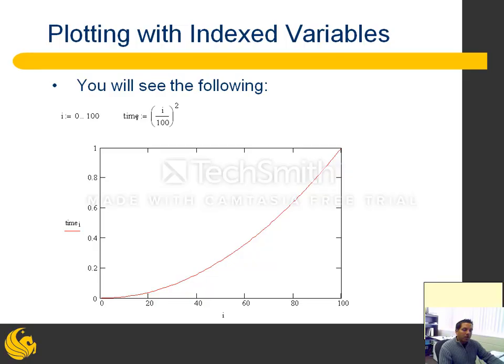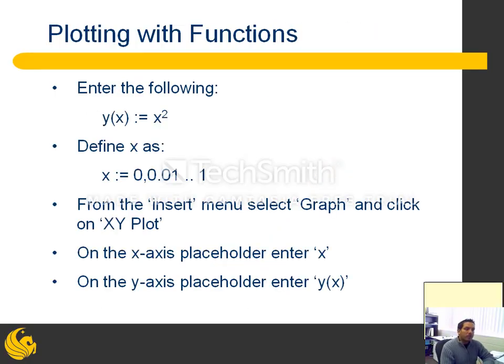I can also plot with functions. If I define a function explicitly, like the way we define functions in lesson number 1, y of x is equal to x squared, and then define x with a range between 0 and 1, for example, and steps of 0.01. I have a function called y of x equal to x squared. This can be a function of temperature, a function of space, and the space goes from 0 to 1, and this is 1 meter or whatever.